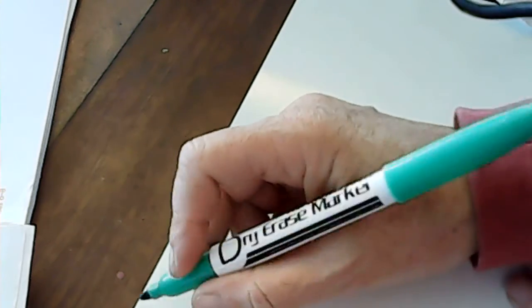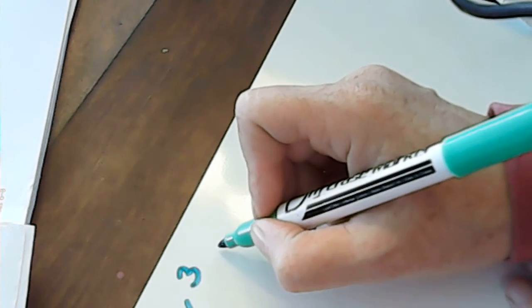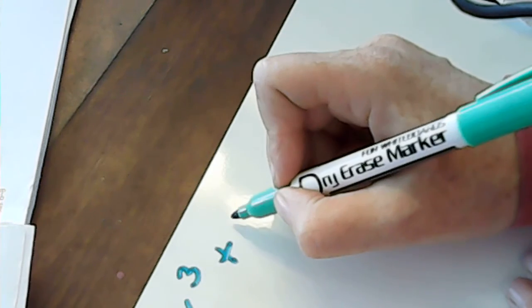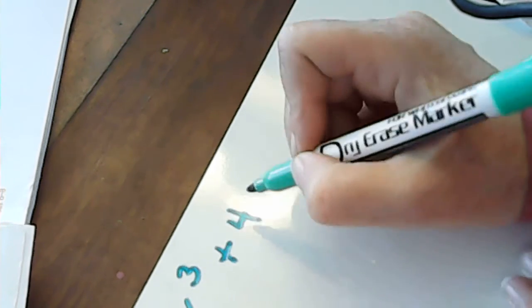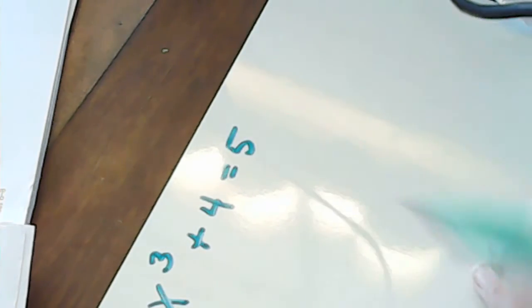Let's look at another one. Try this one: x to the third power plus 4 equals 5.